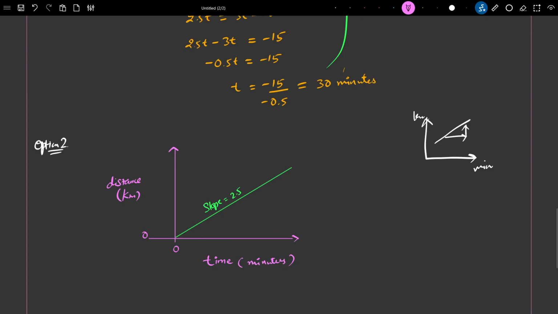And since the robber has a head start of 5 minutes, police will start from this point. And let's say this goes like this. So this slope is equal to, and wherever this line meets, that is basically the solution. So this is the solution.